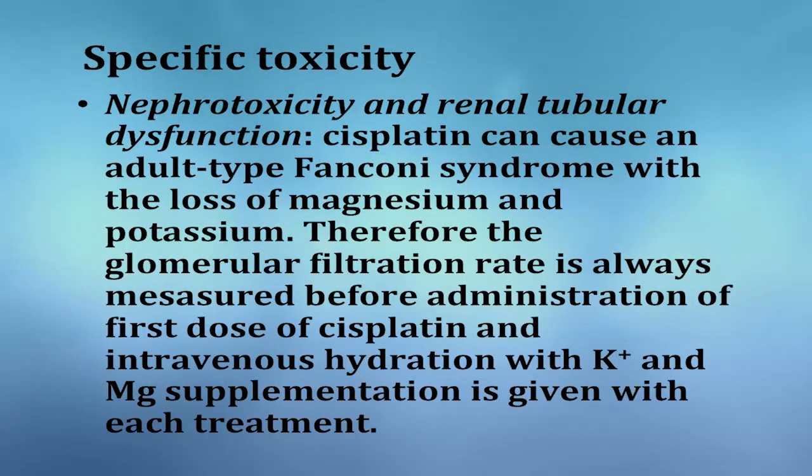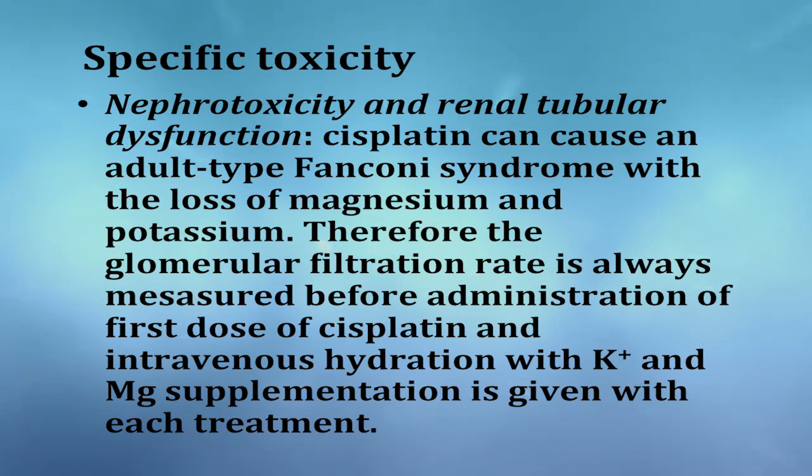There is specific toxicity like nephrotoxicity. This is a major complication, and it is avoidable if you give your patient enough fluid and if you give the medication over a long period. The most common example of nephrotoxicity is cisplatin.